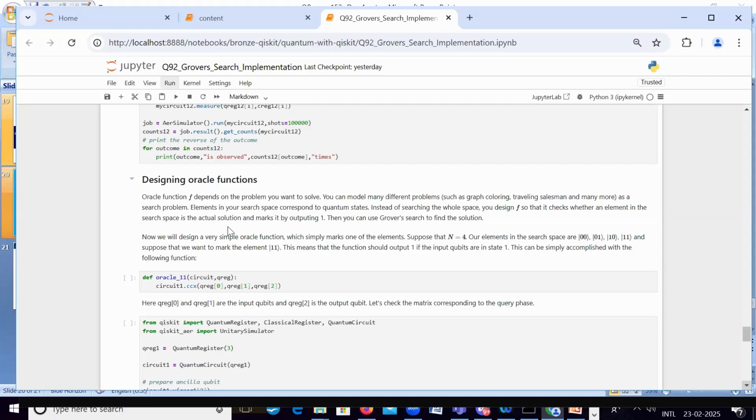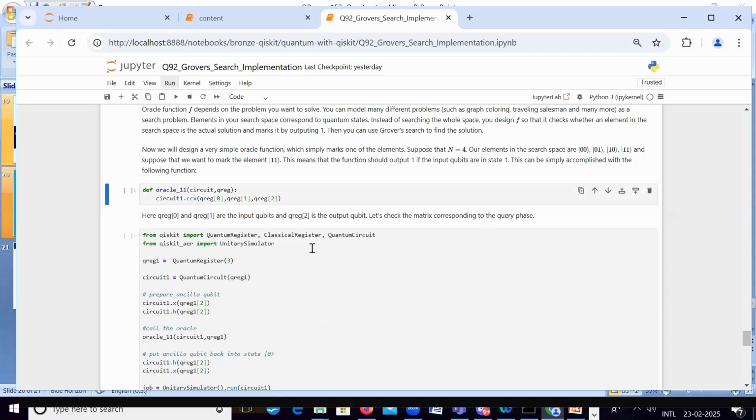And here, a further understanding about the Oracle function. It takes the circuit as well as the quantum registers. This is required to flip the state whenever the element is marked. Now, next is what are the different operations it uses.